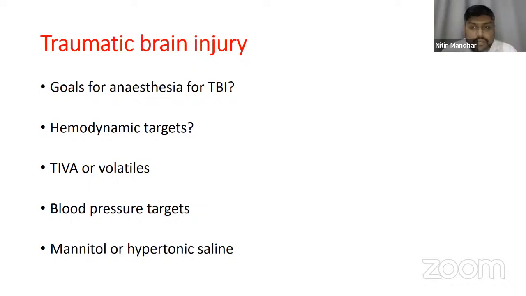Okay, Dr. Mayank, anything you want to add with your traumatic brain injury? Accurately summarized by Dr. Vijay. Just a few more important points I want to add: a quick review with the relatives of the patient in the pre-operative period regarding the history of the patient can also be taken into consideration if possible. At the same time, have a good look at the imaging, as I said before.